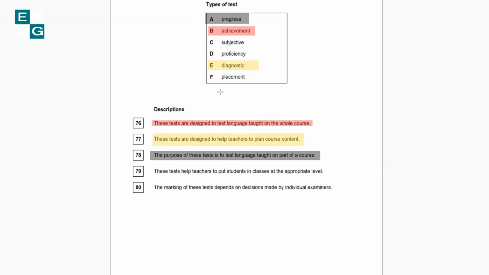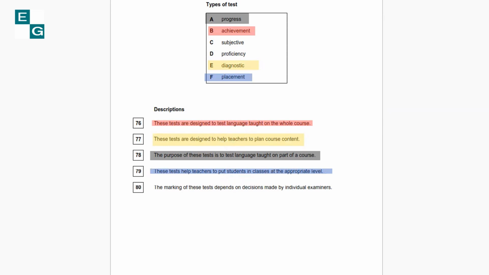And then for number 79, we can say that this test helps teachers to put students in classes at the appropriate level. The appropriate level means the placement test. With the placement tests, I'm going to know where to place my learners according to the scores they get.